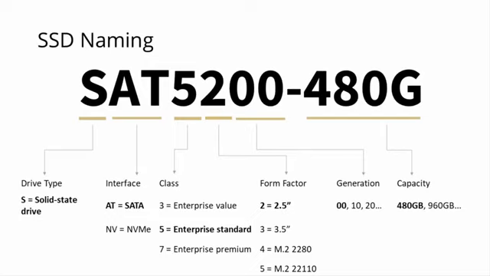The first number shows you what kind of class level the drives are in, and the second number is the form factor, i.e. the size. The zeros show the generation, and this is something that we have introduced in our FS models too. And the last block of numbers and letters denotes the memory capacity in gigabytes.